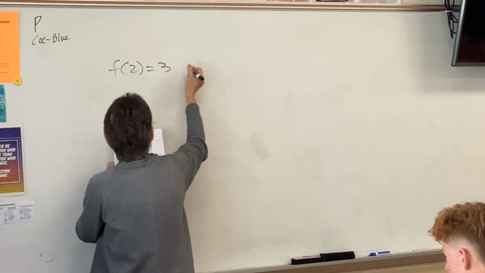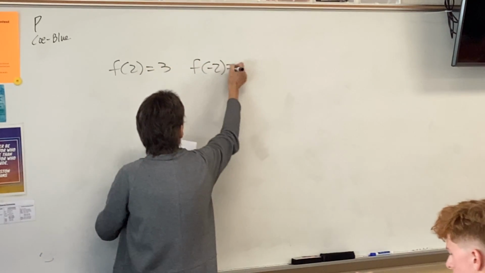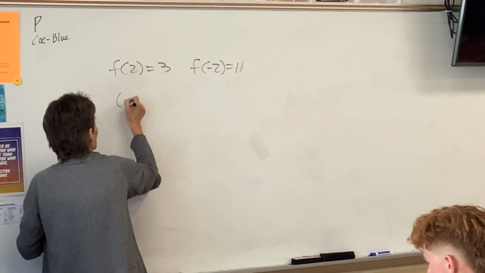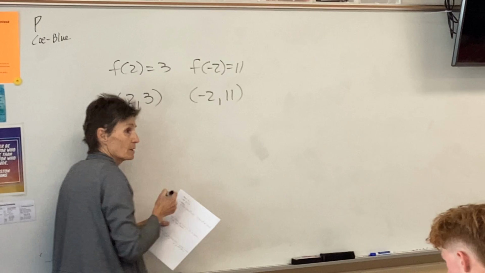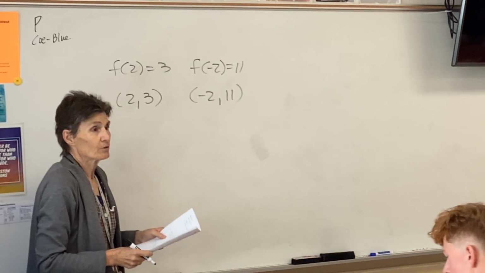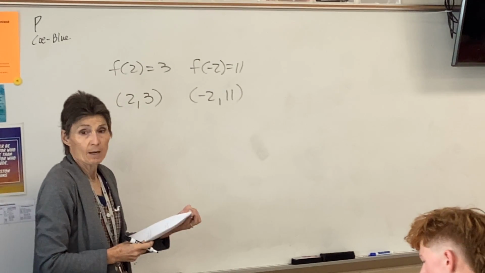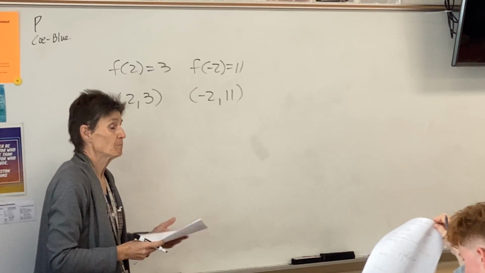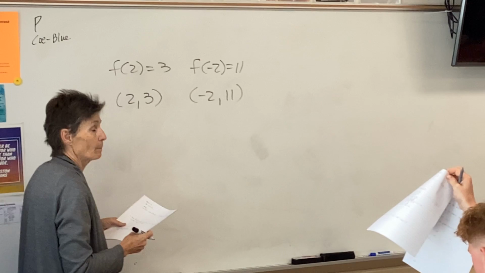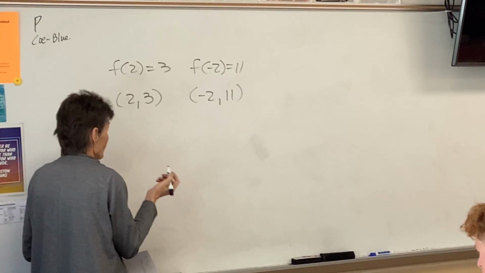If f of 2 is 3 and f of negative 2 is 11, what does that mean? 2 comma 3 and negative 2 comma 11. So we have 2 points, and we want to write the equation of the linear function. So what will we do?